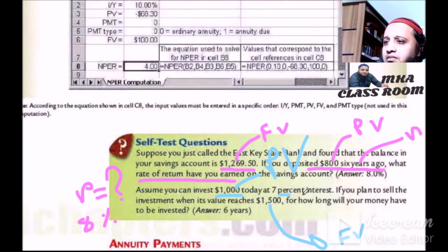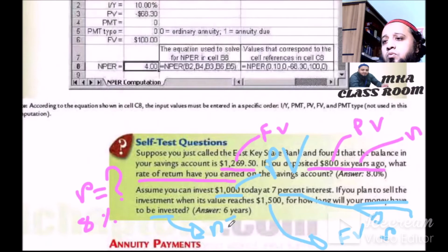You can earn a 7% interest rate, that is the value of r, and how long your money will be invested, that means how long you have to wait, that is n. What should be the value of n? That is our problem. We have all the information except n, and now you have to solve for the value of n.